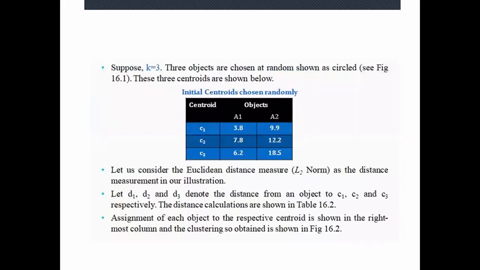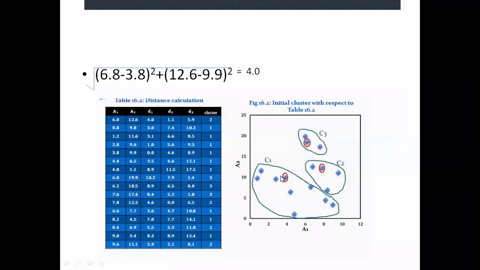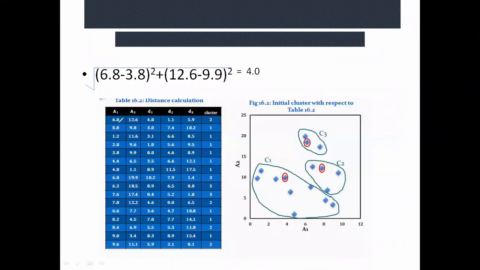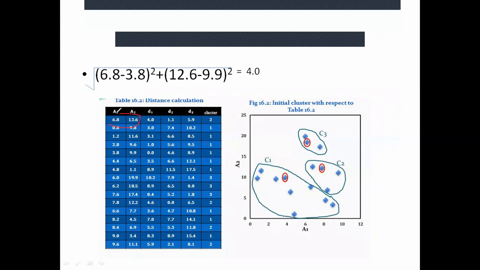So once I have selected C1, C2 and C3, I need to find the distance of each data point from C1, C2 and C3 using the Euclidean distance metric. I have done that over here. Suppose in this table, the first data point is 6.8 and 12.6.